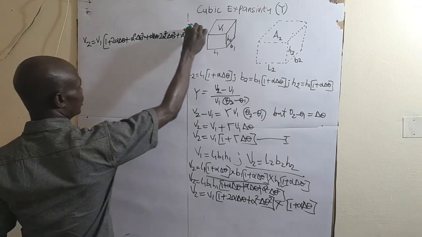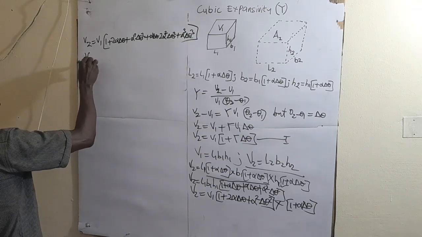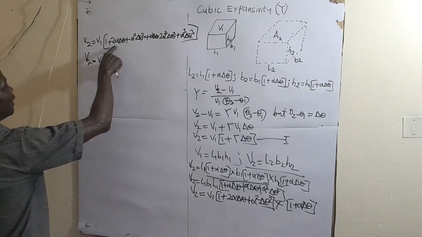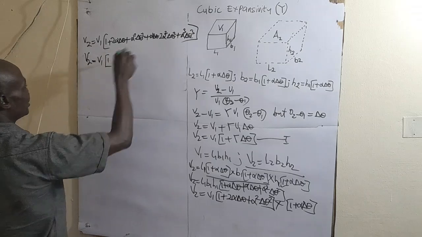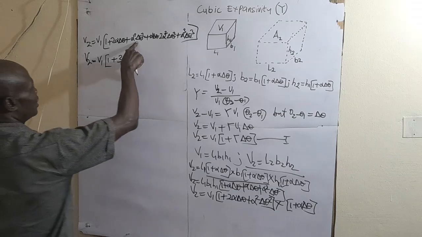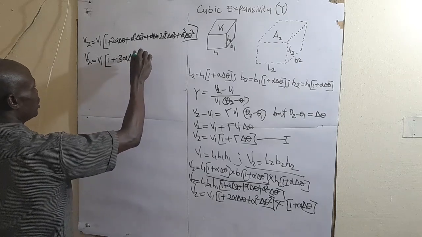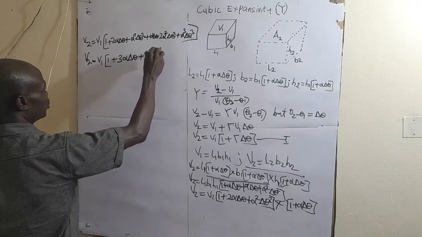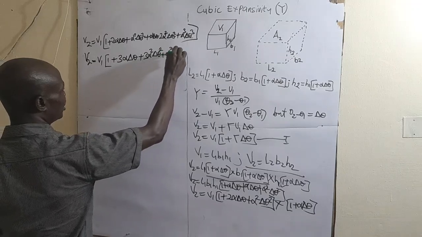So V2 here is now going to be V1 bracket 1 plus 3 alpha change in theta plus 3 alpha squared change in theta square, then plus alpha cube change in theta cube.